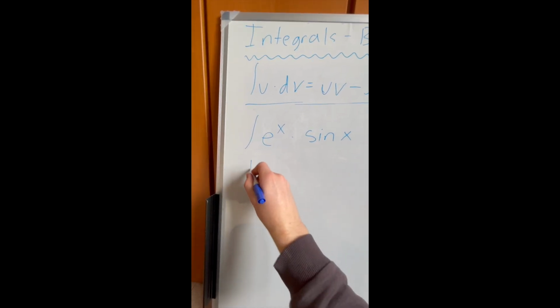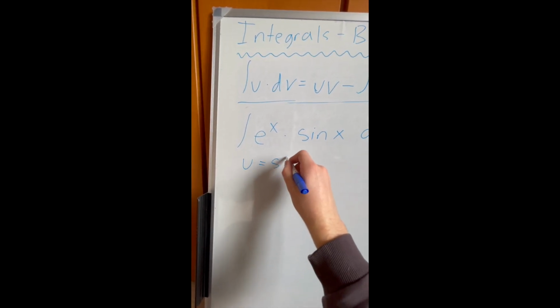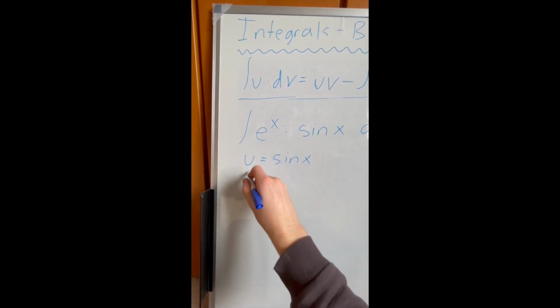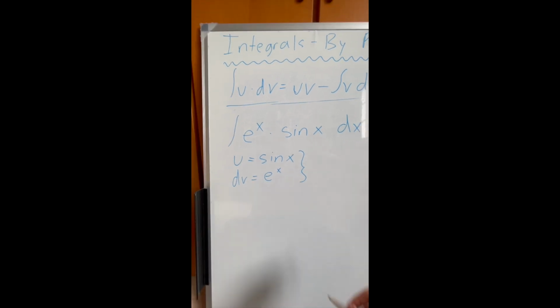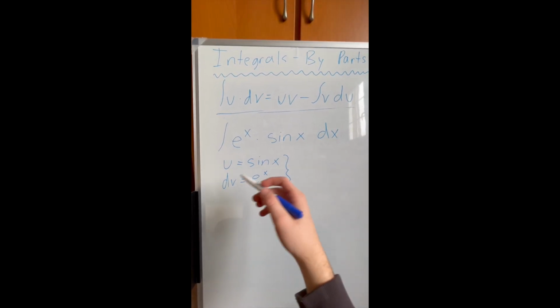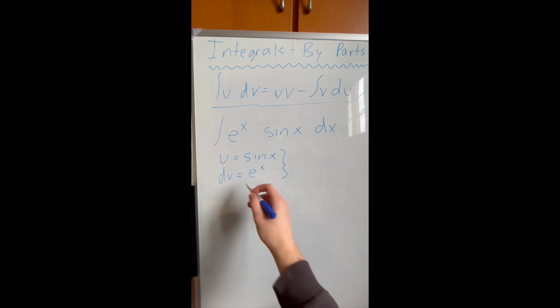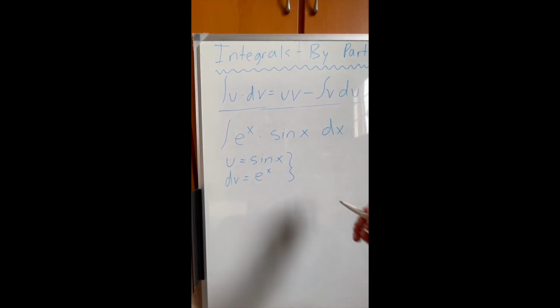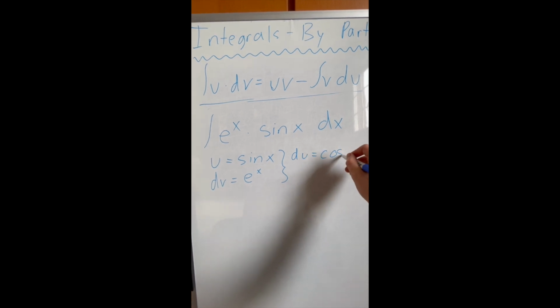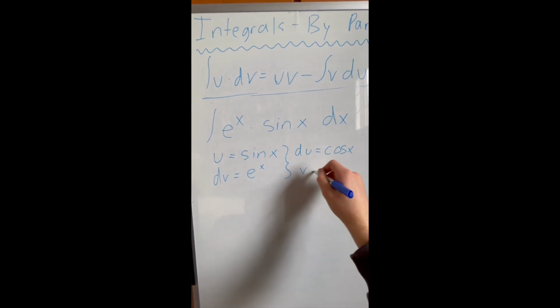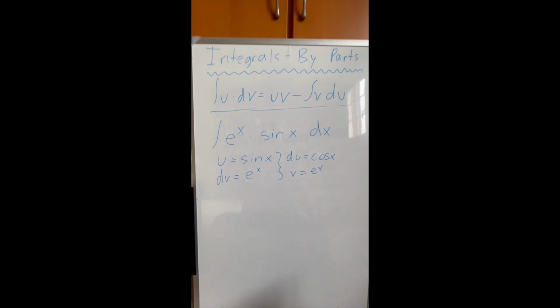So, I'll select my u to be sine of x and my dv to be e of x, as usually your dv should be what is easier to integrate. In this case, e of x remains e of x, so it is easiest. Then du is just cosine of x, and v remains the same, e of x.